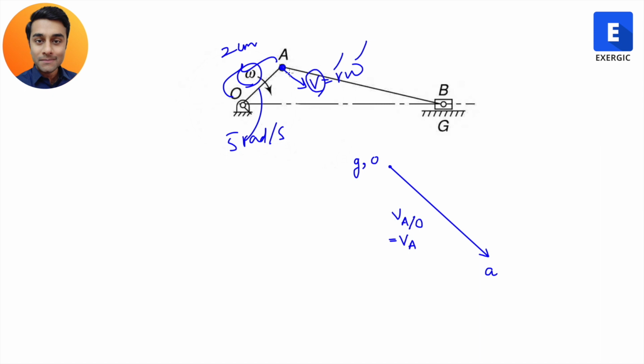Direction, you can clearly see that if this omega is moving in this direction, then VA has to be in this direction, right? So the magnitude you know, so you can decide the length. Since the direction you can also decide, it has to be drawn in this direction. And to decide the direction, we have used two fundas. One is that the velocity should be perpendicular to OA.